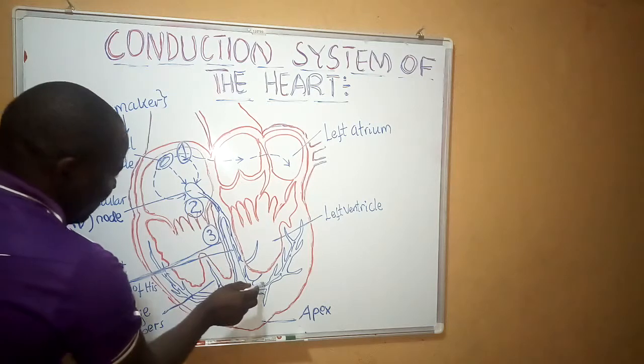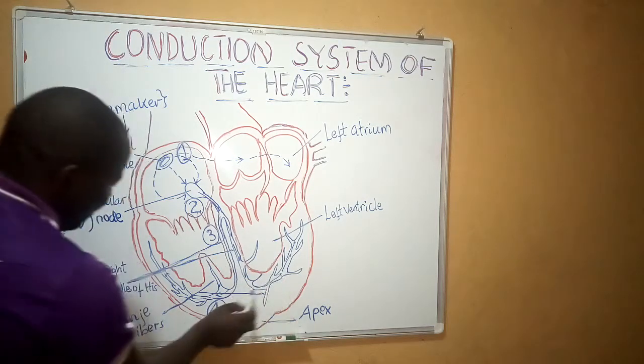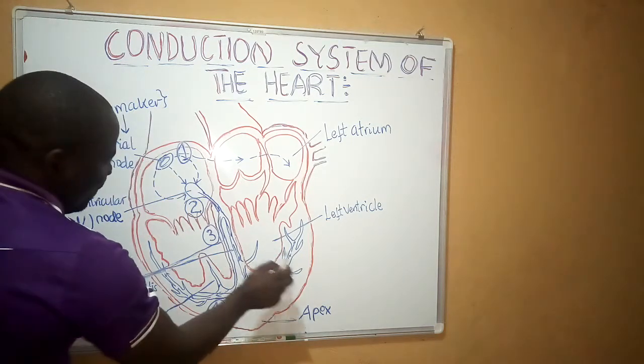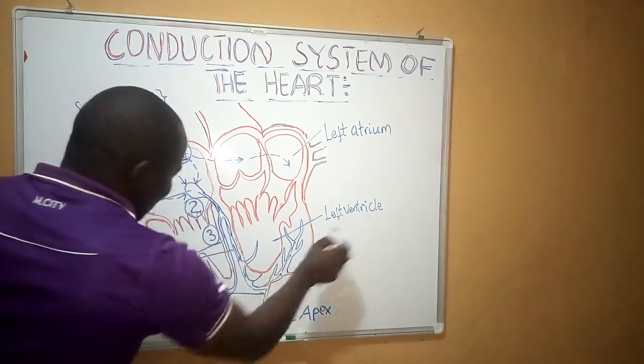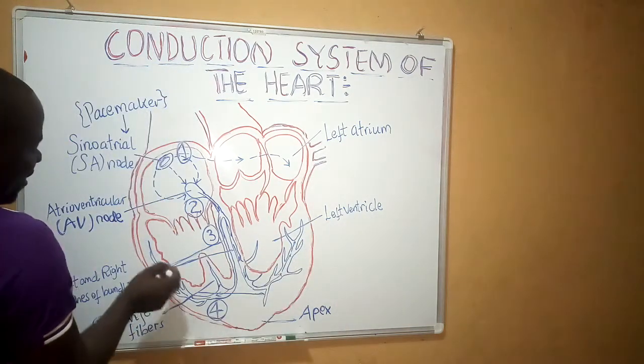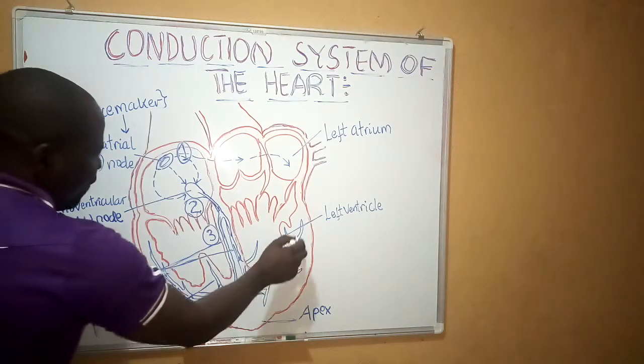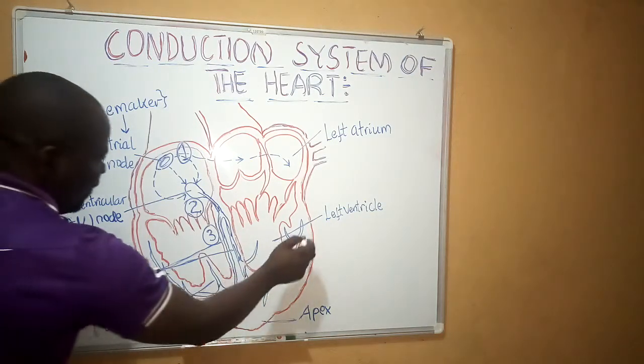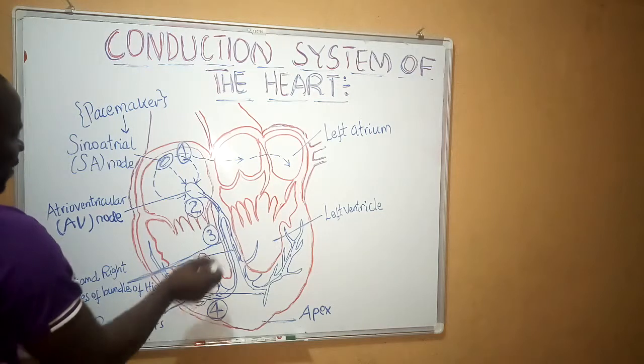The bundle of His undergoes further subdivision at the bottom of the left ventricle and right ventricle, enabling contraction of the ventricles.